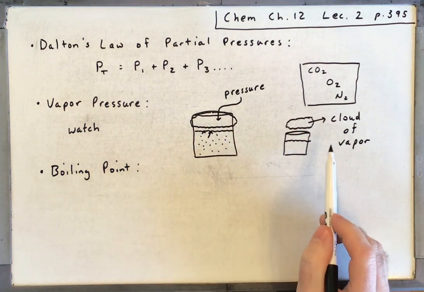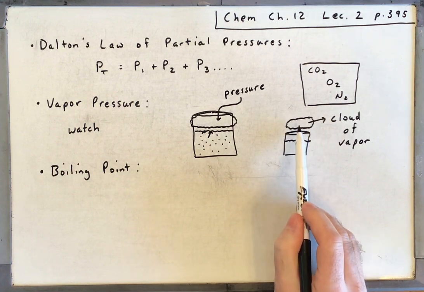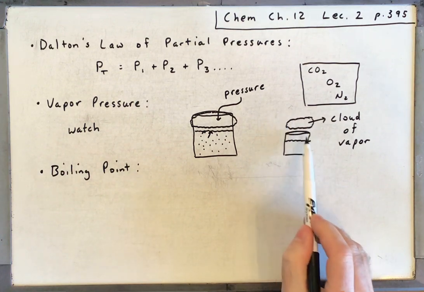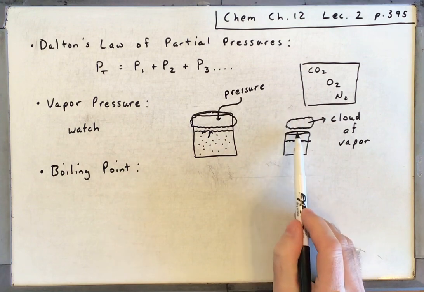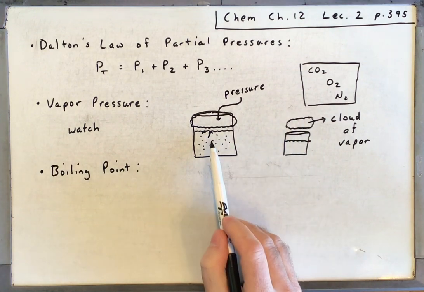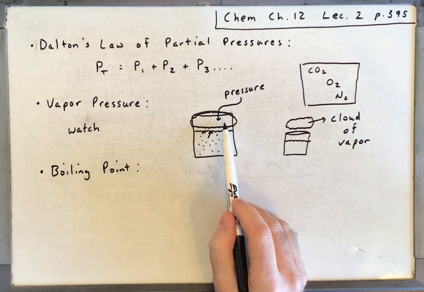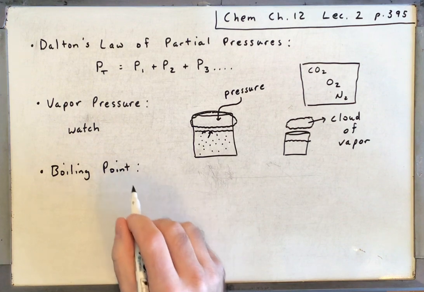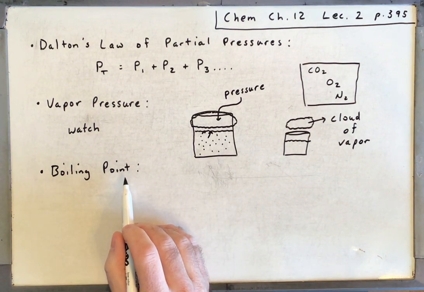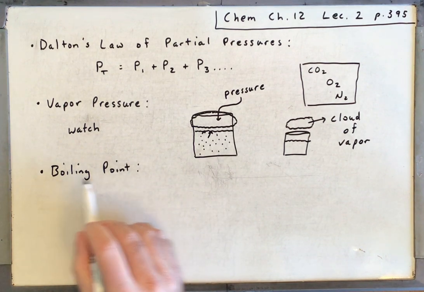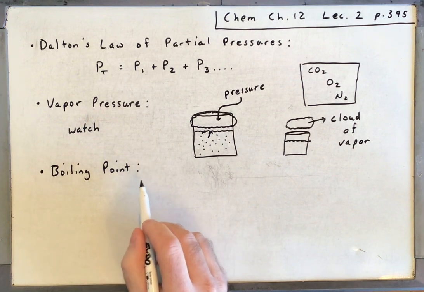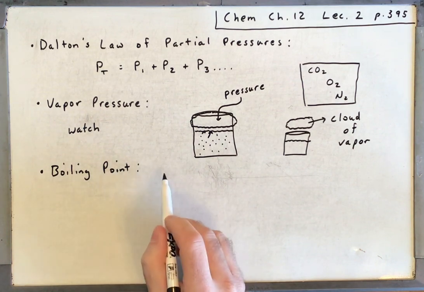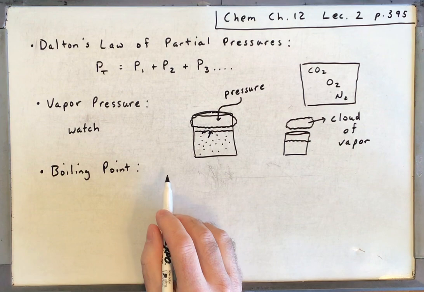As long as you reduce the pressure of the air above the beaker, then that'll make molecules be able to escape easier. And so you can boil at room temperature. So it doesn't really have anything to do with temperature. It has to do with the atmospheric pressure, the boiling point.